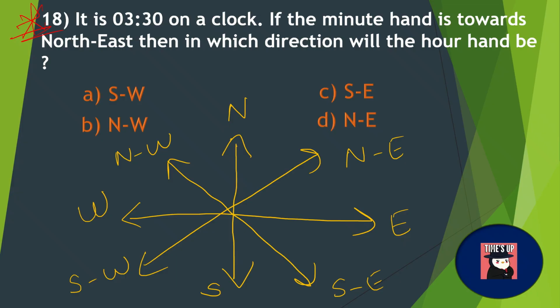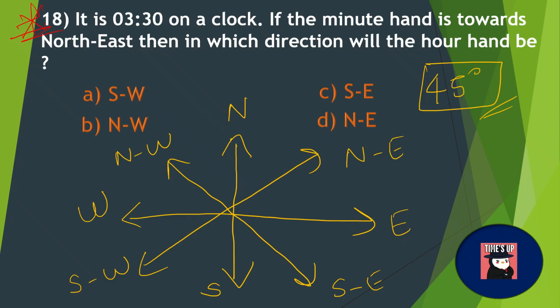And you know that from north to northeast, it is a 45-degree angle. From northeast to southeast, it will be a 45-degree angle. So each direction here makes an angle of 45 degree, whether it is clockwise or anti-clockwise. Correct? That you need to know. This is very important.